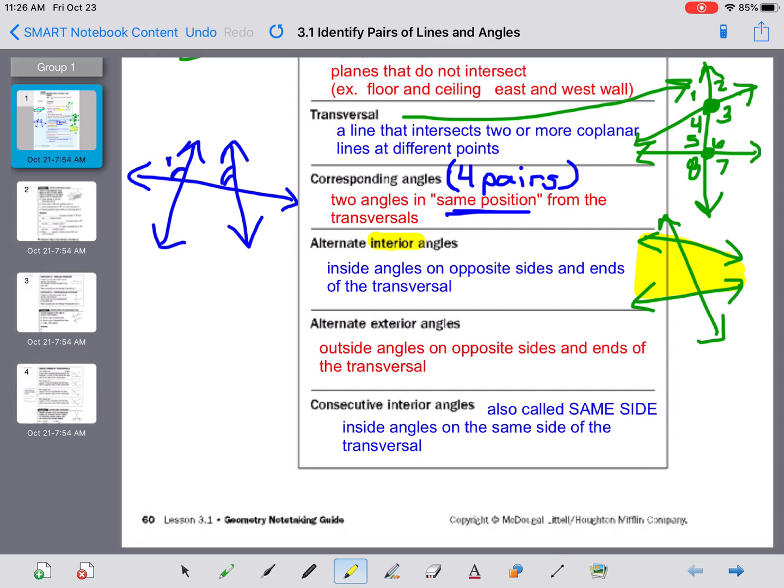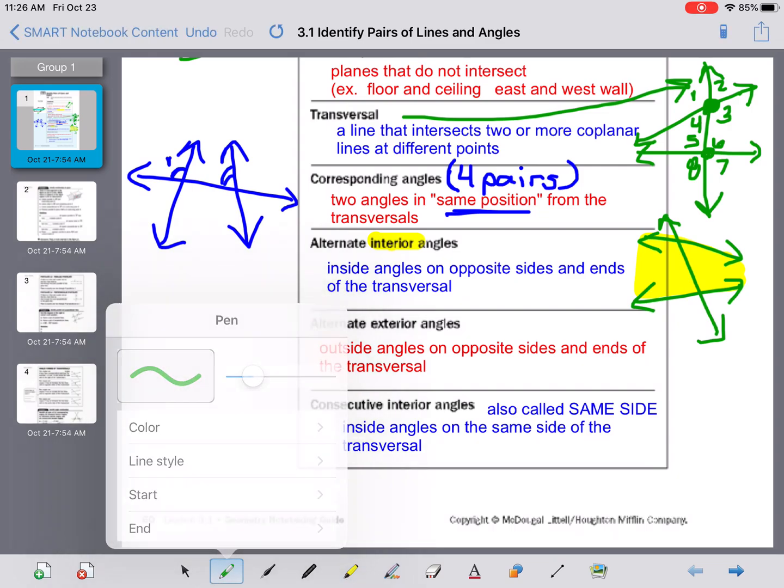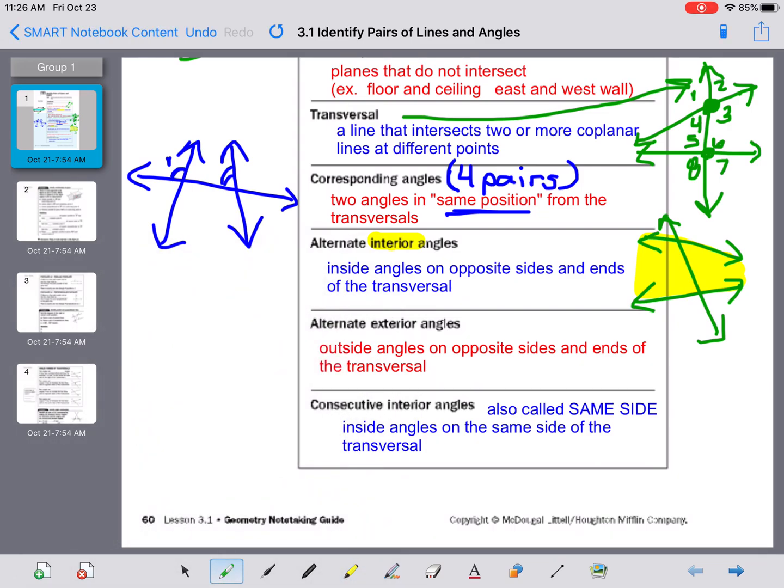So alternate interiors are inside angles on opposite sides and opposite ends of the transversal. If I choose this angle here, I flip to the other side and go to the other end. Here's my alternate interior down here. How many pairs of alternate interior angles can I have? Just 2, because there's only 4 angles inside, so there are just 2 pairs of alternate interior angles.